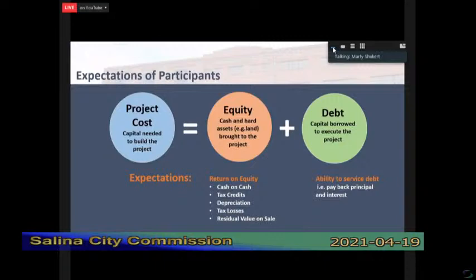As an example, if I've put $10,000 into a project, and I'm getting a 9% annual tax credit on that, that's a small investment for these kinds of projects.